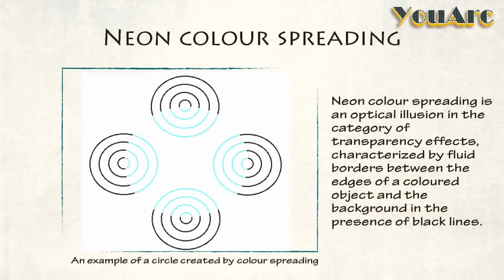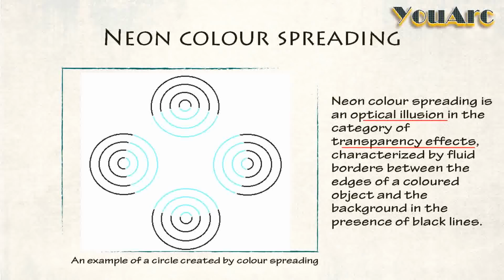Neon color spreading. Neon color spreading is an optical illusion in the category of transparency effect. It has the transparency effect plus optical illusion, characterized by fluid borders between the edges of colored objects and the background in the presence of a black line. So here is an example that we can see.